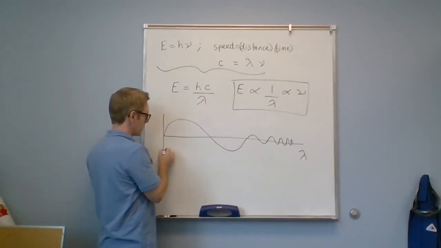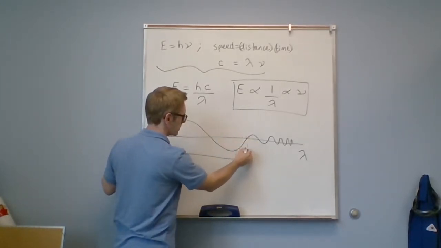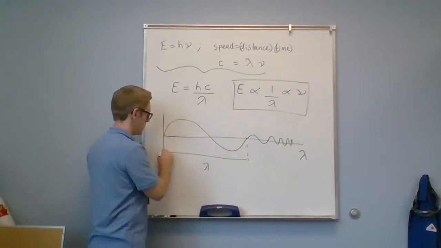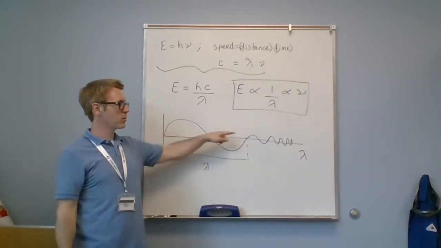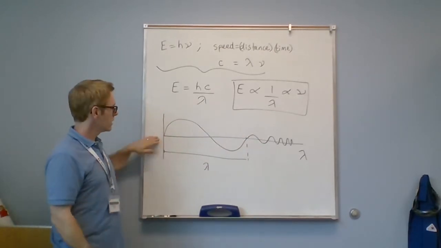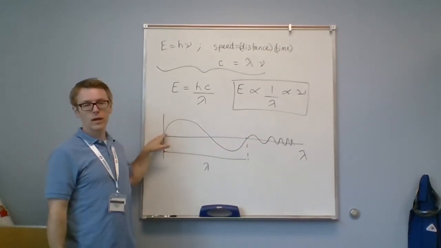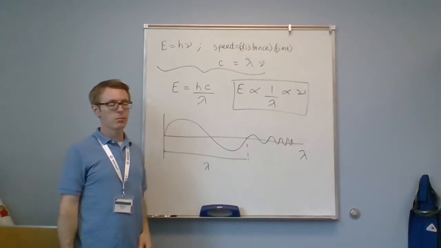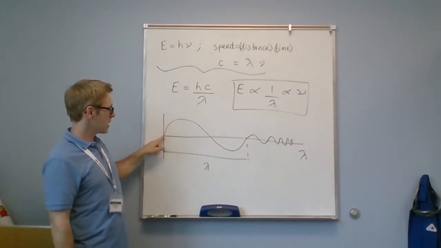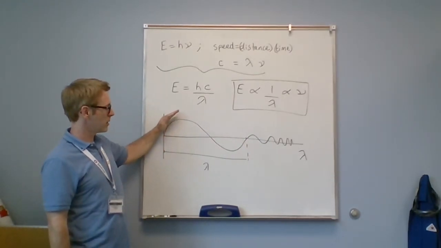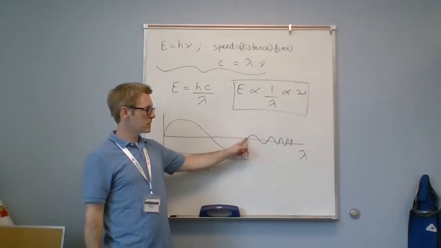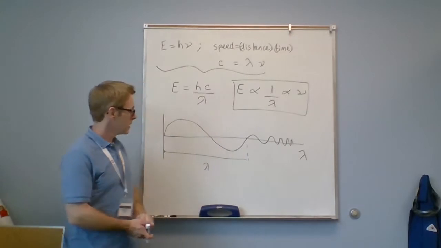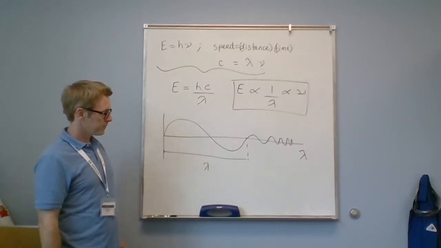So the wavelength is the distance from one part of a wave to the next reproducing part of the wave. So if we start here, the wave goes up. The next time that starts to reproduce is here, it goes up. So this would be a wavelength.